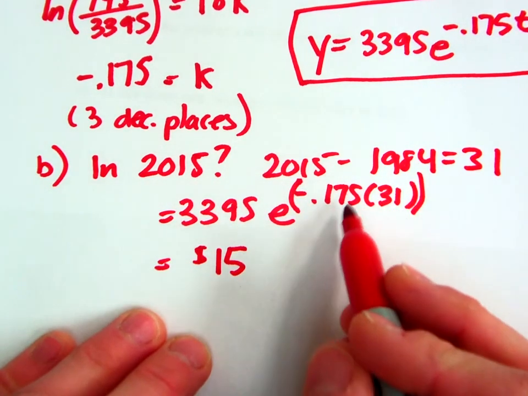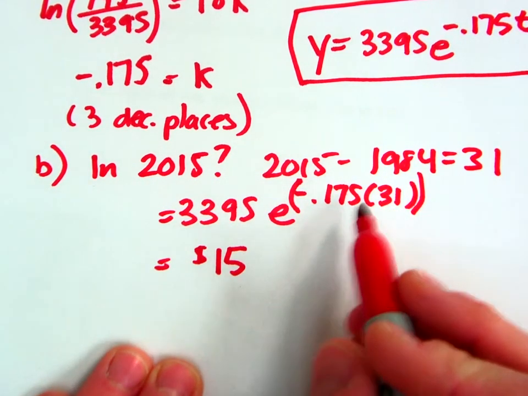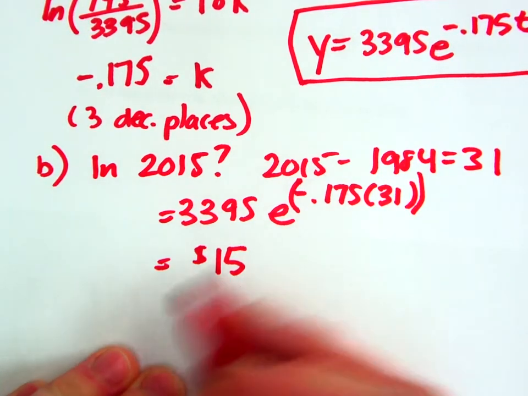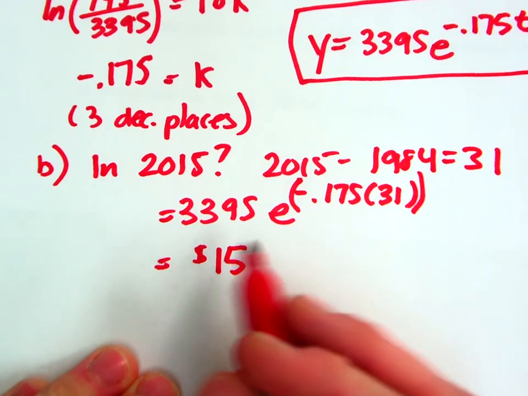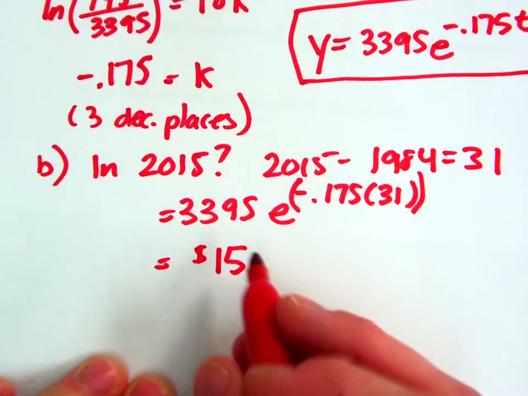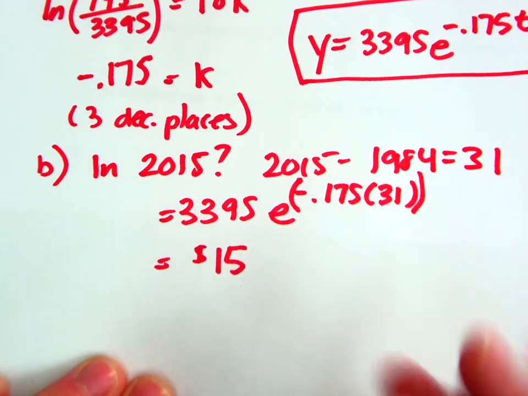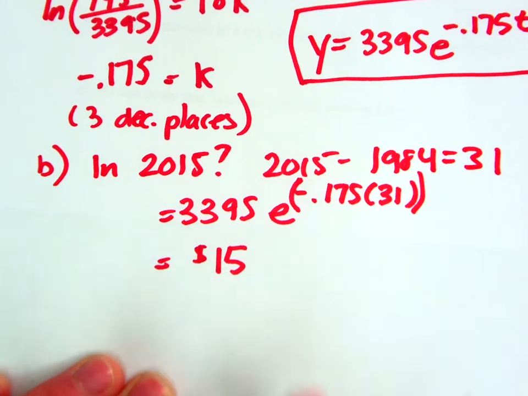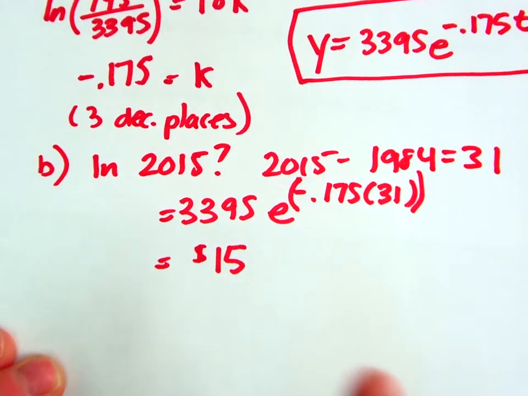If you round this a little differently, you're going to be close to 15, but you might not be at 15. As long as you're plus or minus $1, you're okay. Is this realistic? Probably, for the type of phone that they had in 1984. They didn't have smartphones back then, so for just making phone calls, I would say that's pretty accurate for a flip phone or something like that.